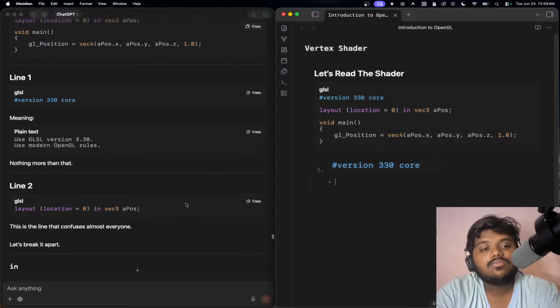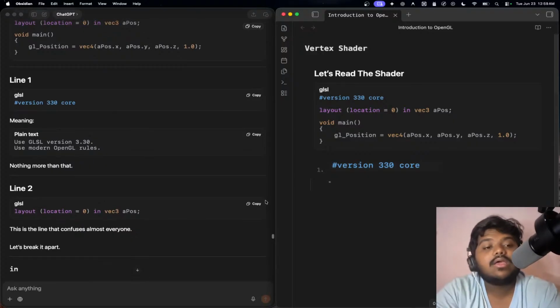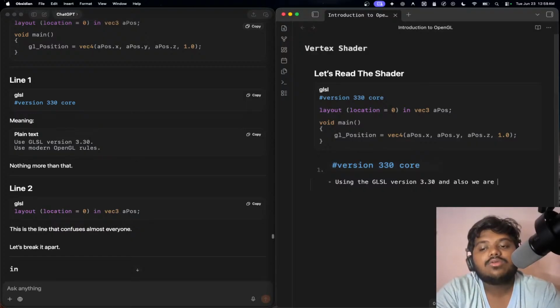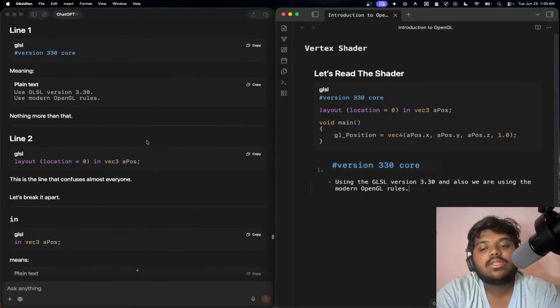Okay, so that means we are using GLSL version 3.30, and also we are using the modern OpenGL core profile, nothing else.